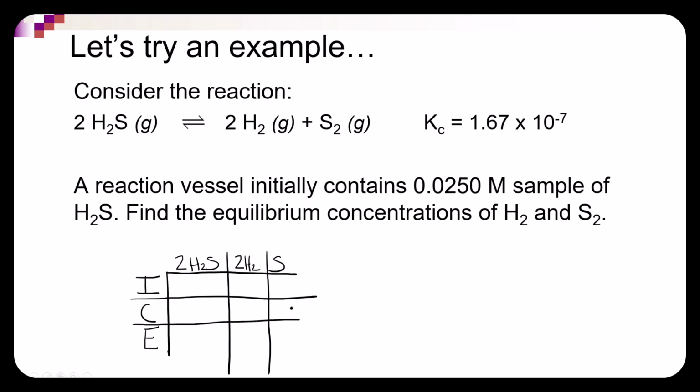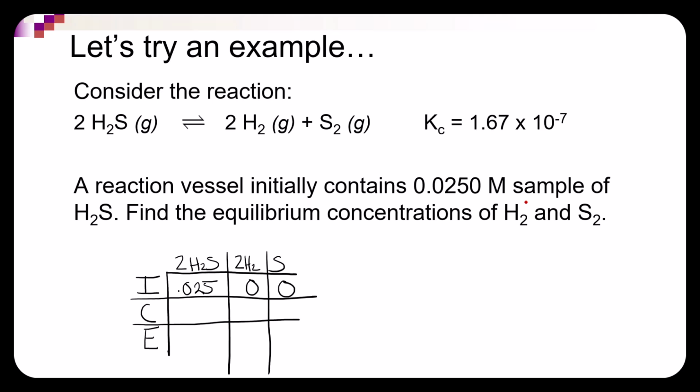All right, and it gives us the initial concentration of our reactant. No mention of our products, so we can assume those are 0. We don't have any equilibrium values, so this is the best I can do.